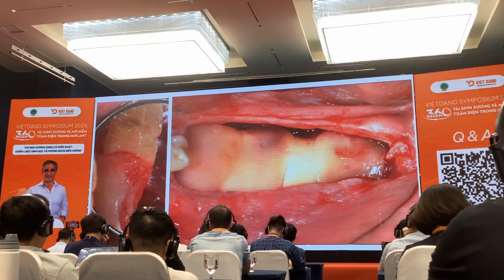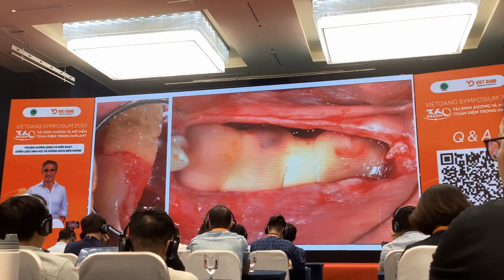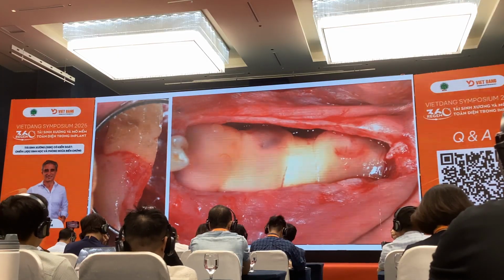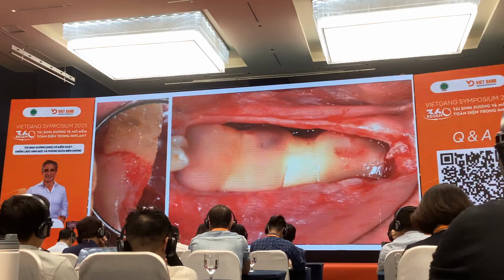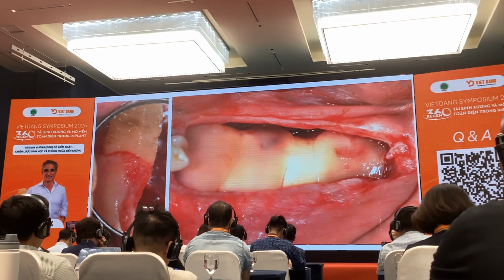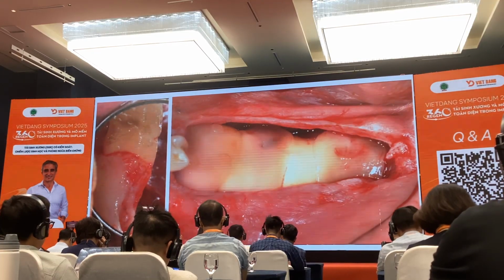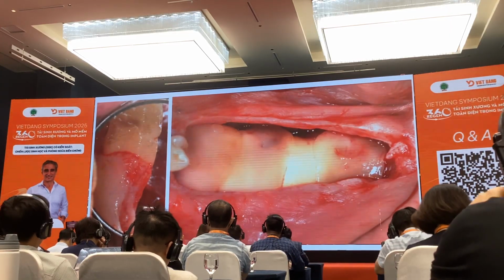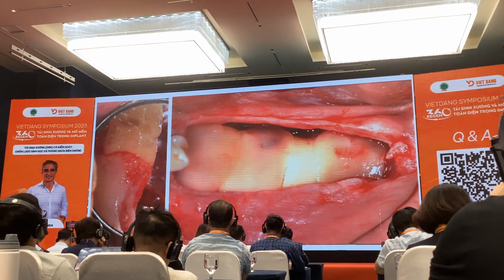It means that if we have the bone peak, we can place the periosteum against the bone, and the restoring of the periodontal attachment is very fast. But if we don't have the bone peak, we can obtain the periodontal attachment through the connective tissue attachment.